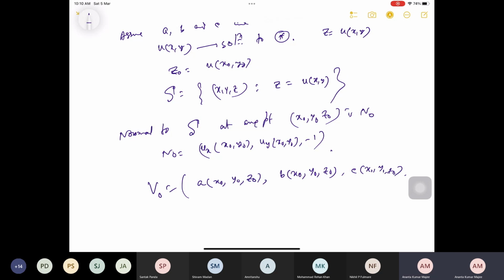So this vector V0 is perpendicular to the normal N0, and hence what happens?